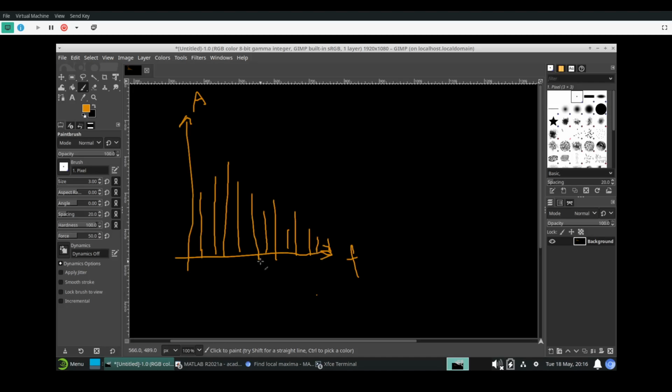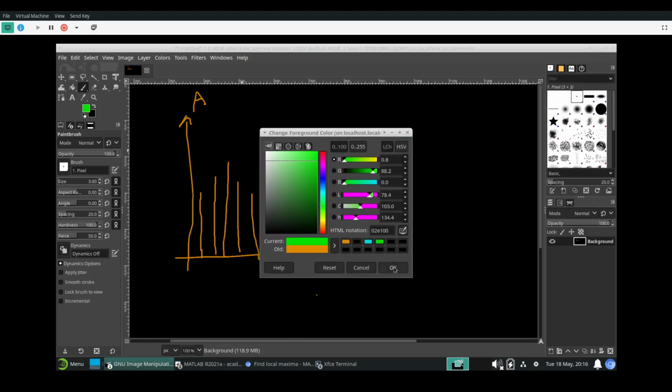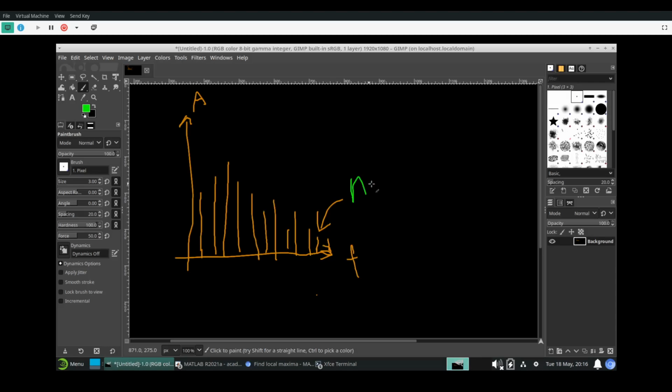However, you might want to neglect some of the lower peaks. Why? Because if you had noise on this level, you can see that for lower peaks the signal to noise ratio is not very good.